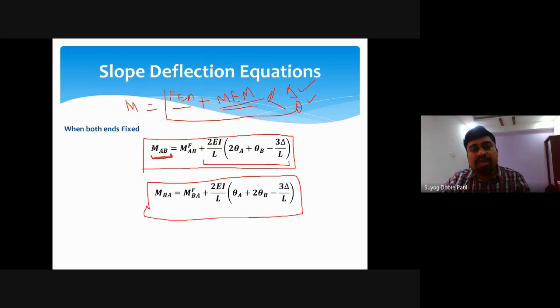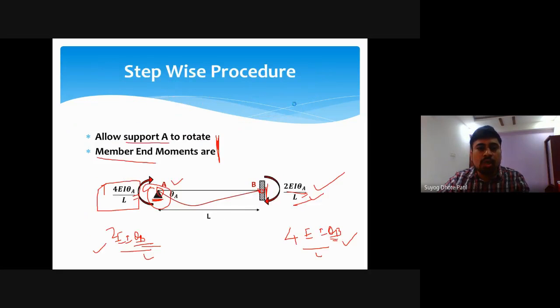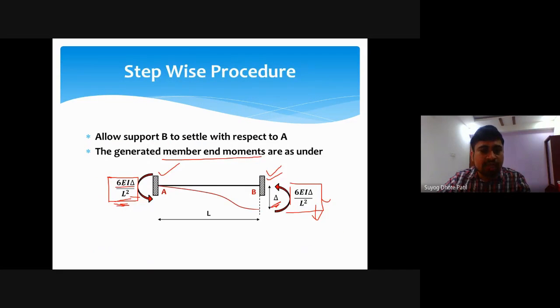The fixed end moment we have is MFAB, and the whole remaining term will be MEM. So what will be the value for displacement? For displacement, there will be a value of 6EIΔ/L².